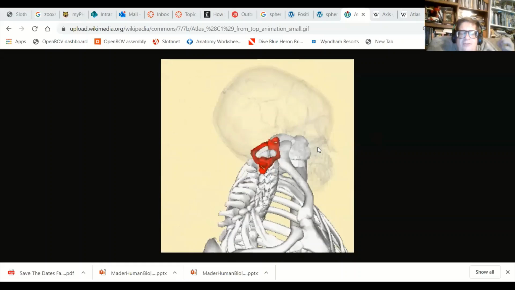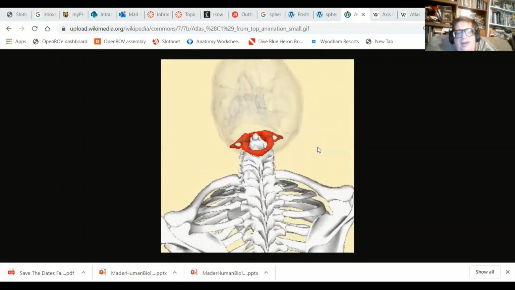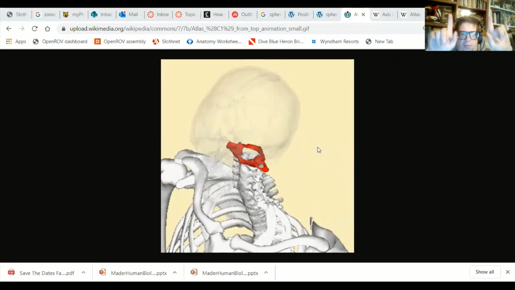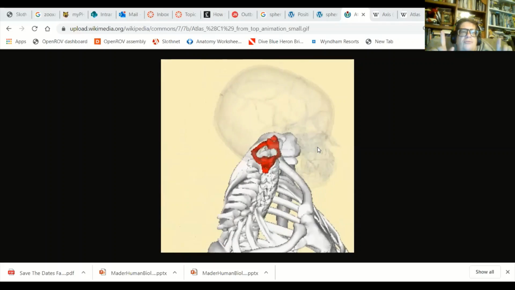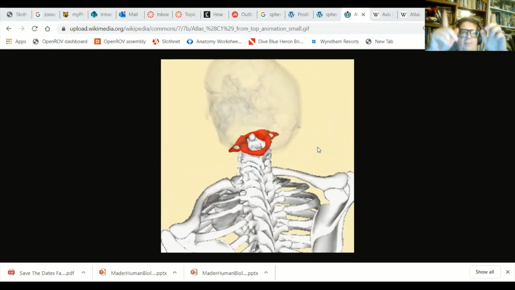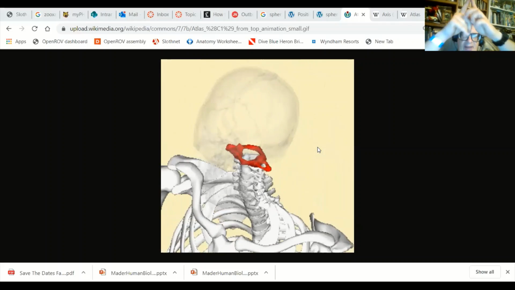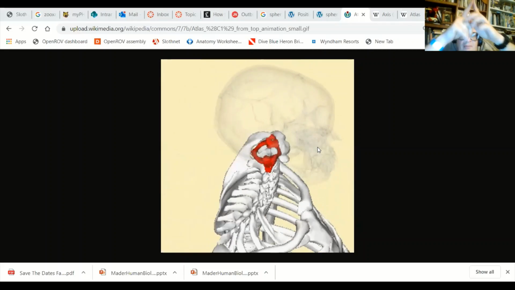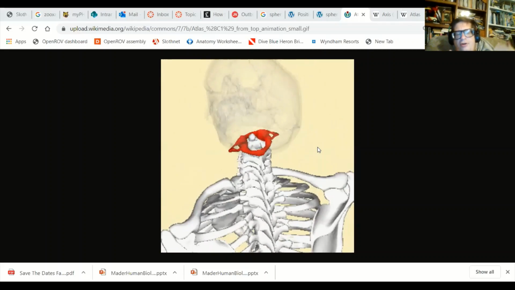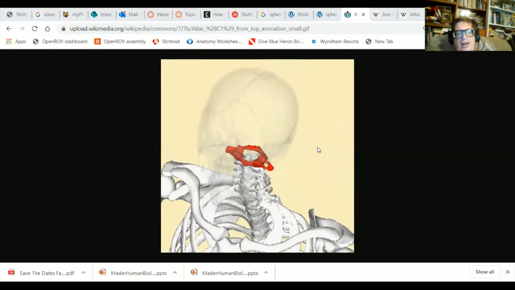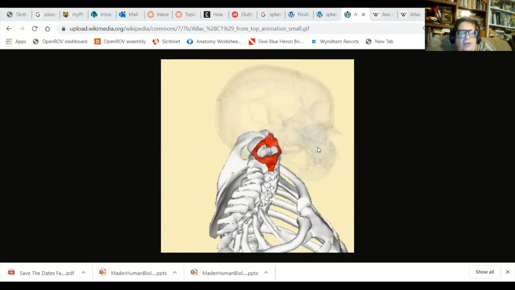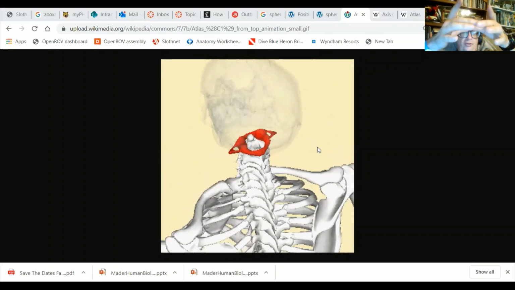Okay, that's a hole for the vertebral artery, named because it runs through the cervical vertebrae, goes up. Those are two that go up, and then they're going to fuse into the basilar artery. The basilar artery is one of the ones that feeds the brain blood. It brings blood to the brain in a thing called a circle of Willis.